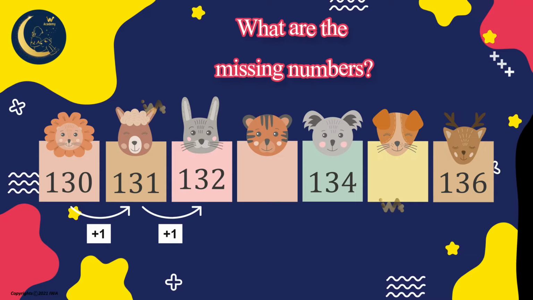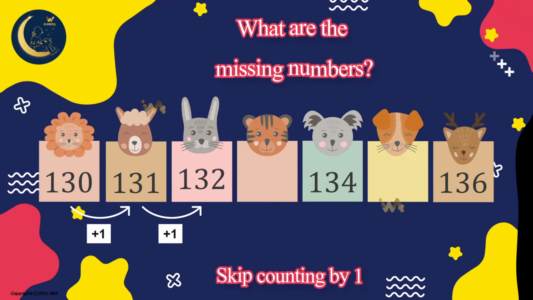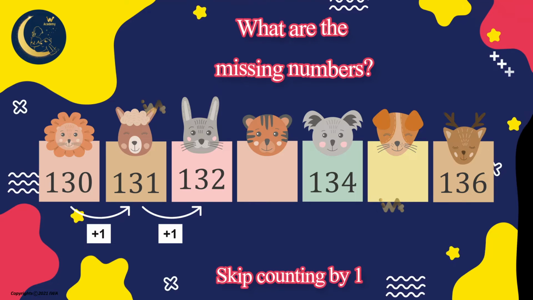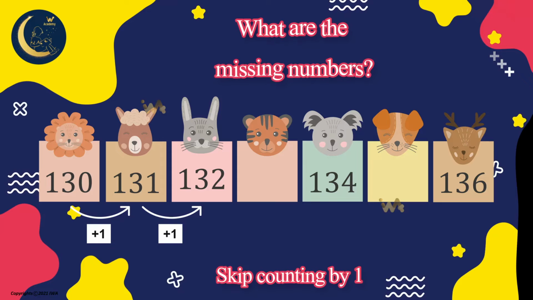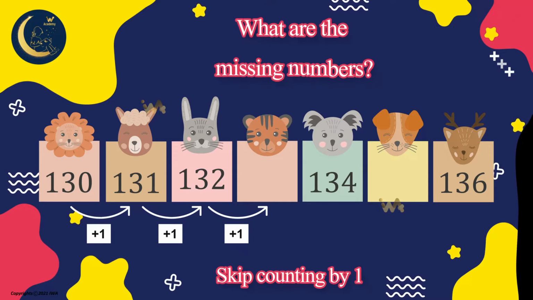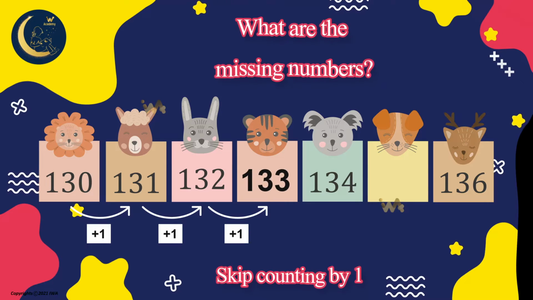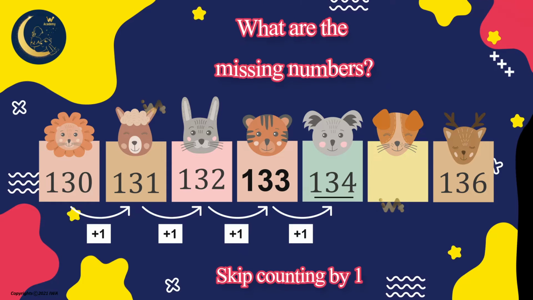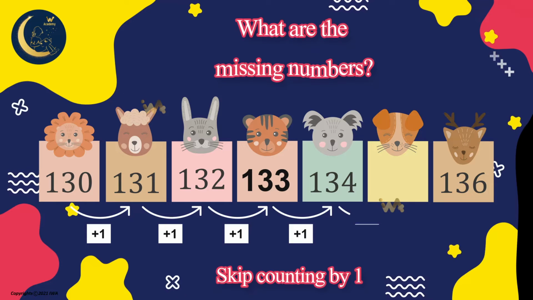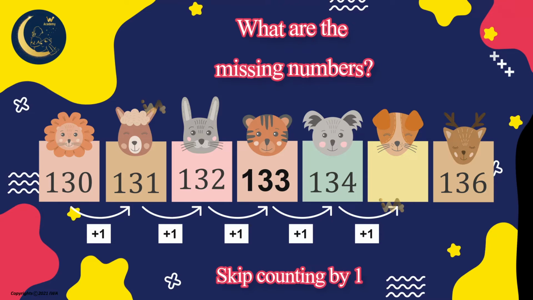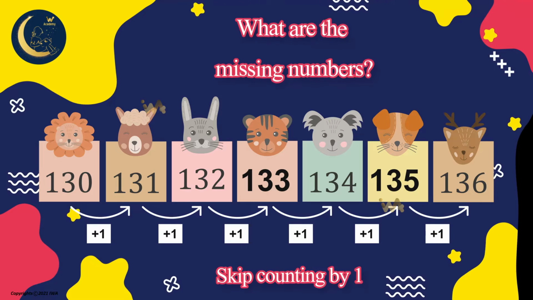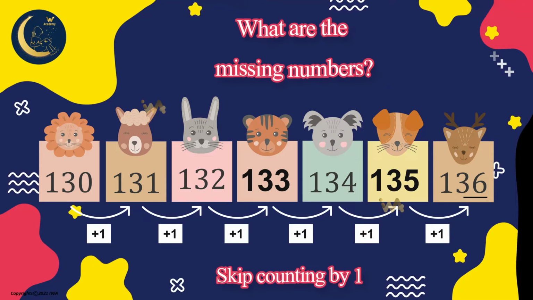So we will use skip counting by 1 to find the missing numbers. Let's count together. Here's 132. If we add 1, we have 133. If we add 1, it becomes 134. If we add 1, we have 135. And if we add 1 more, it will be 136.